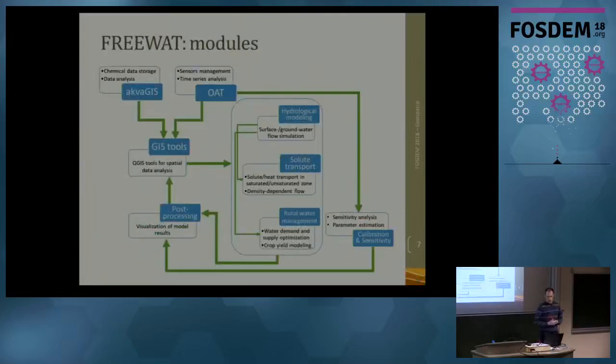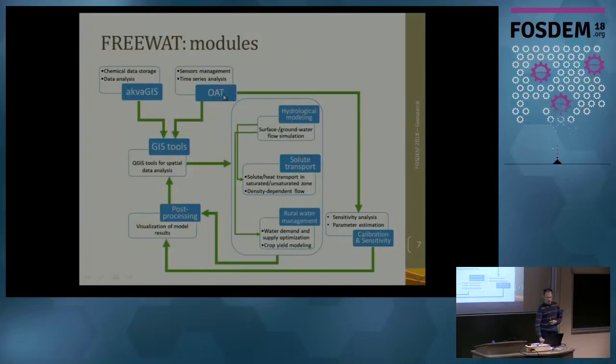This is a bit of a flowchart of the different modules that were developed in FREEWAT. It's quite a lot. I will be very short because I don't have very much time, but I will show you where you can find more information on the web. One is the ACFA GIS, which is for chemical data storage and data analysis.